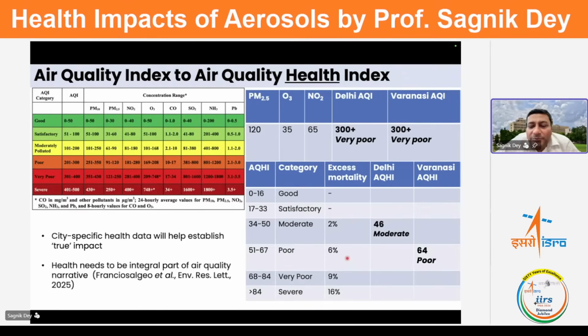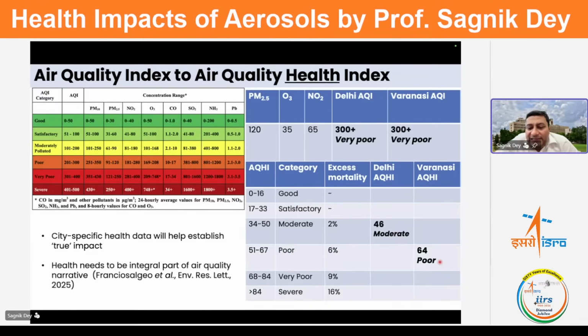So now what we are proposing is that, in that case, if we have to convert AQI to air quality health index, 300 AQI should be 34 to 50, what we are calling AQHI, air quality health index. So while this will be moderate for Delhi, it will be poor for Varanasi.